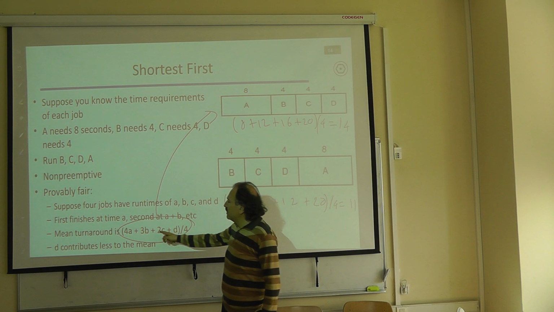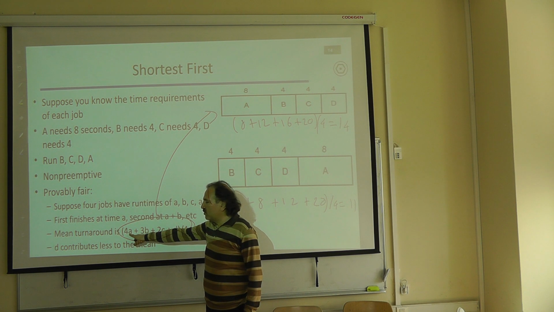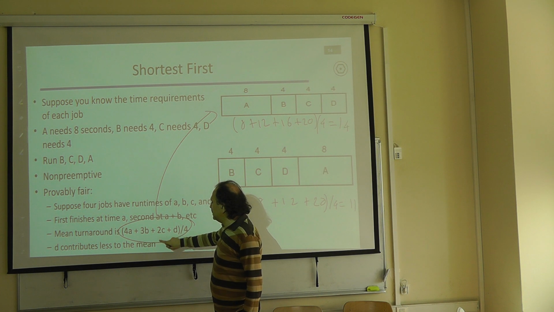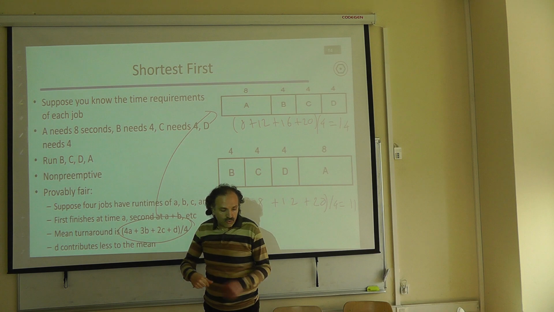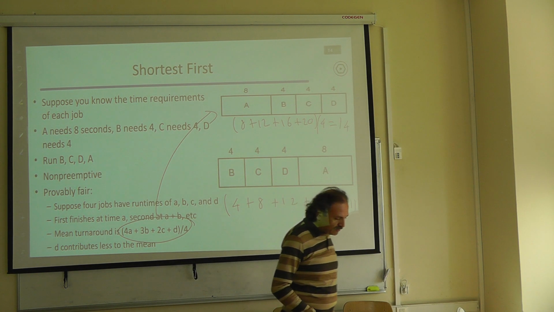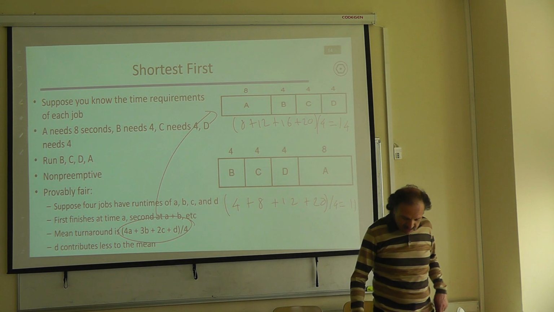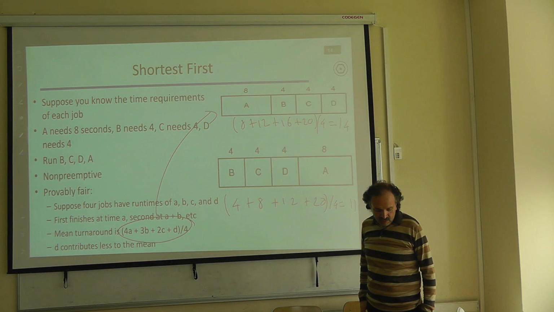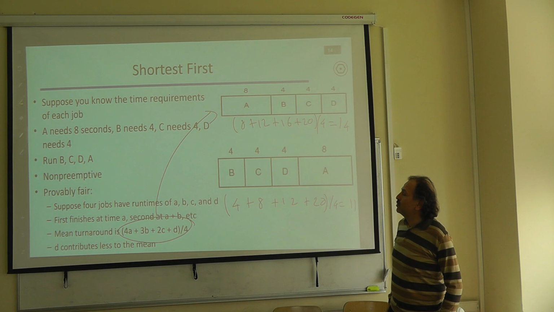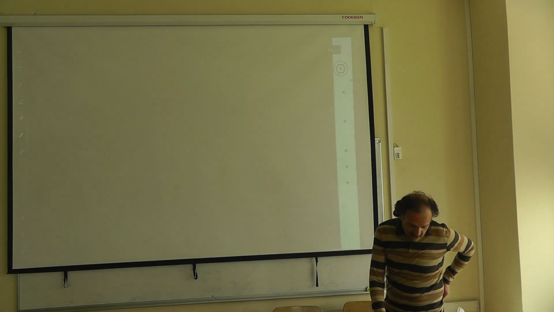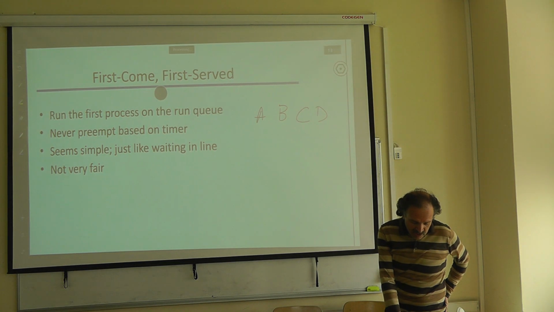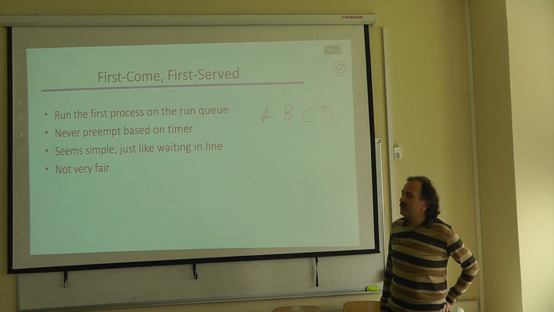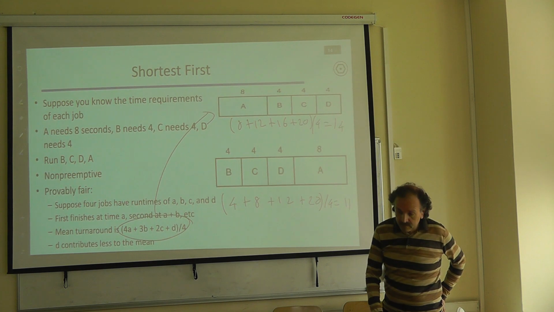They say that if I am multiplying A with 4, then A should be the shortest one, B the next, then C next, then D should be the longest task that I should run. So this is the shortest first scheduling algorithm, an improvement over the first come first served algorithm.